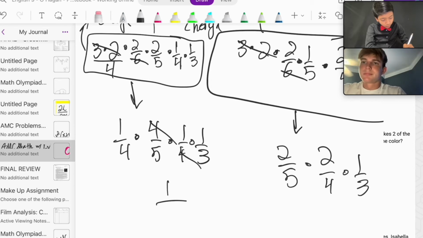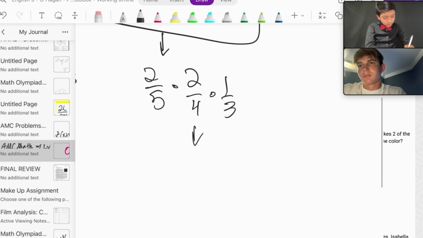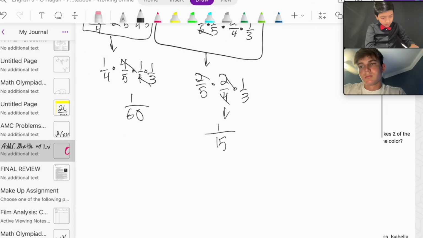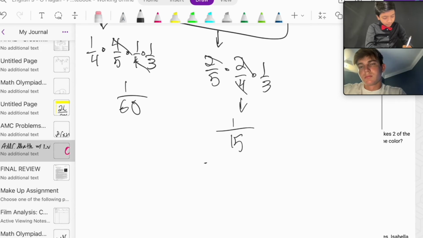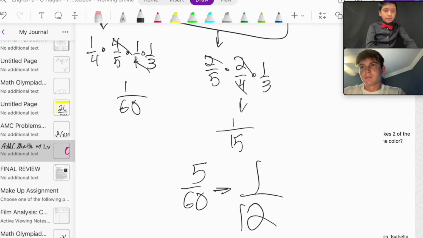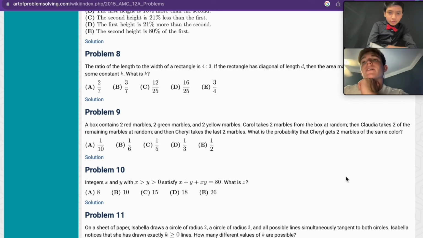So 1 over 3 times 4 times 5, and the other one is 1 in 15. So this is going to be 5 in 60 in total, so it should be 1 in 12. Okay, the answer is 1/5 actually. All right, so I've severely undercounted. That's great to know.